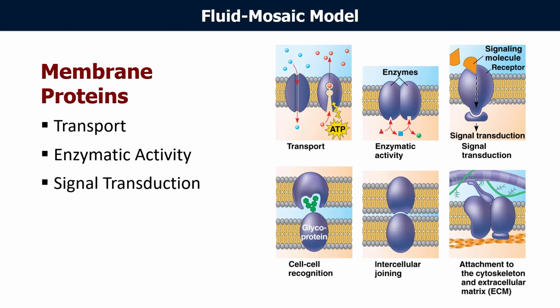Membranes also play a role in signal transduction. For example, when a hormone shows up at a cell, it's going to show up outside the cell, and it's going to bind to a signal transducing receptor. So we've got this protein wedged in the membrane. The signal, like a hormone, binds to it, and then the receptor needs to convey that message to the interior of the cell so the cell can respond to it.